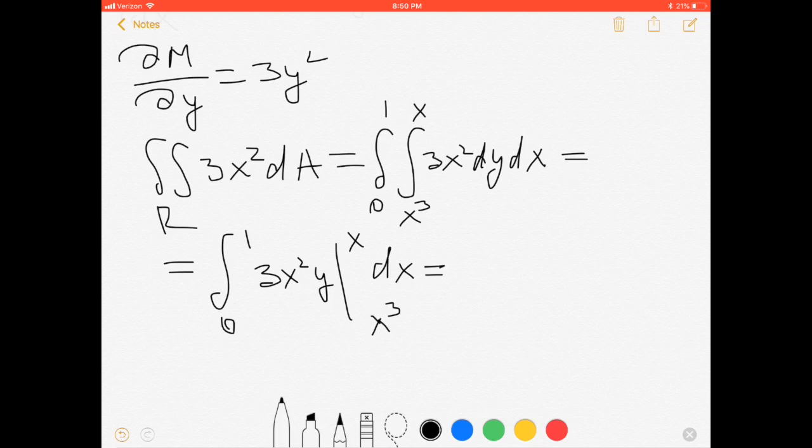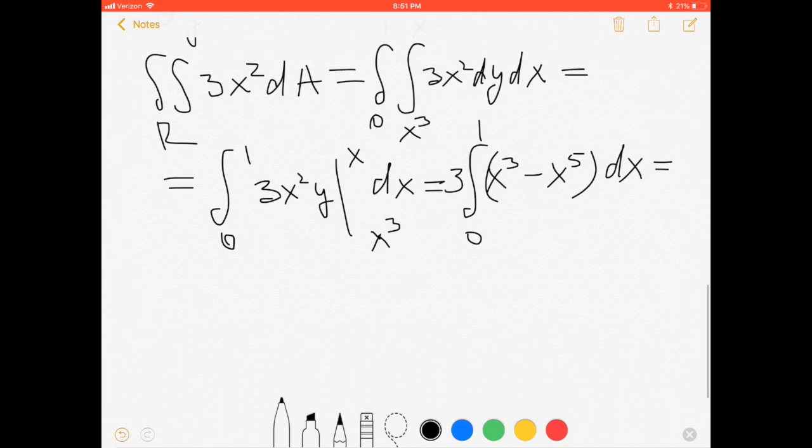This gives me the integral from 0 to 1. If we integrate with respect to y, it will be 3x squared y from x cubed to x, dx. Factoring out the 3, it will be x cubed, x squared times x gives us x cubed, and x squared times x cubed is x to the 5th.